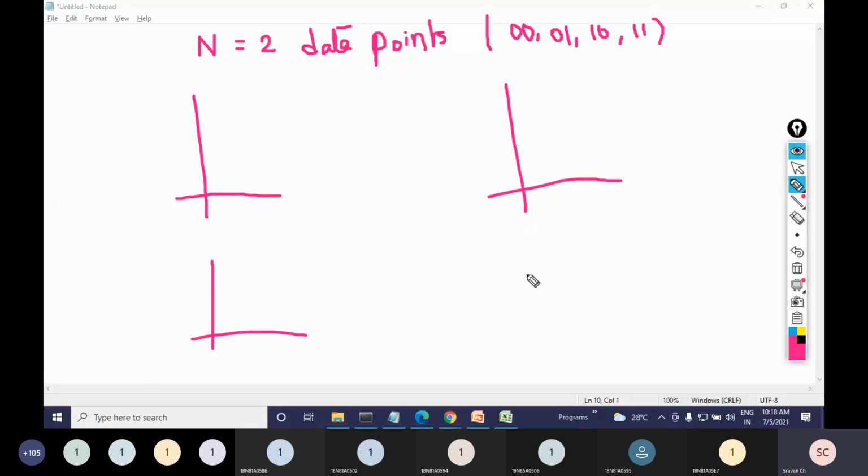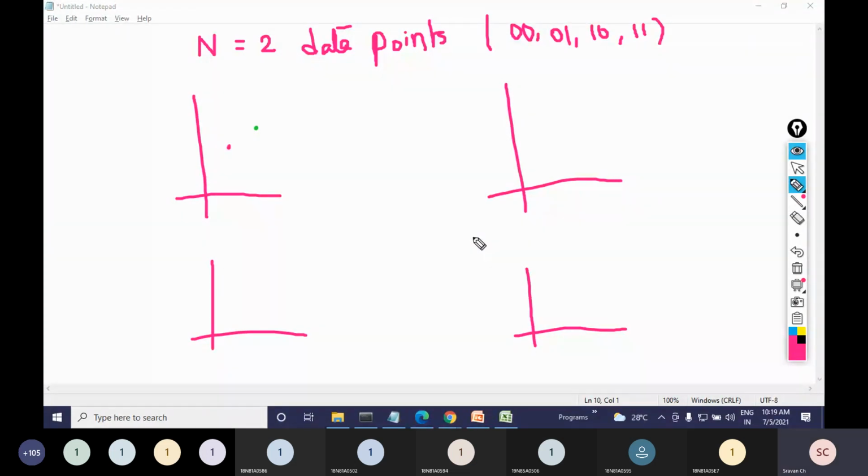Observe this carefully. Now I have two data points. One data point I will represent with green color, and another data point I will represent with pink or red, whatever it is. So how many combinations will I get?